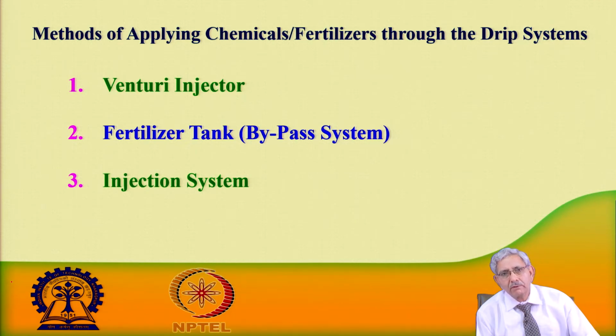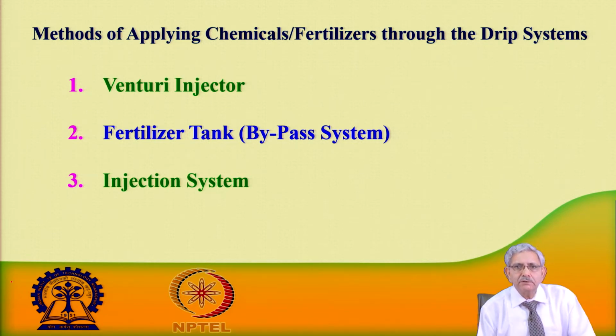So, when we are applying fertilizer or chemicals which are dissolved or soluble in water, this can be applied using a Venturi injector, or by using a pressurized fertilizer tank where there is an arrangement of bypass system, or using an irrigation pump.